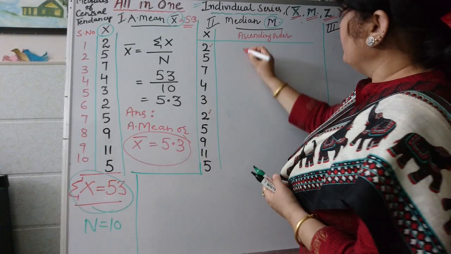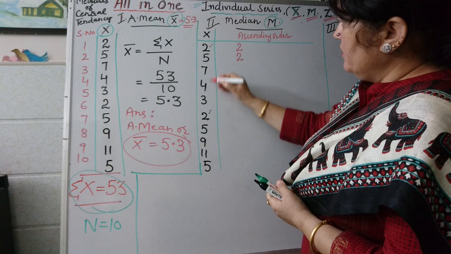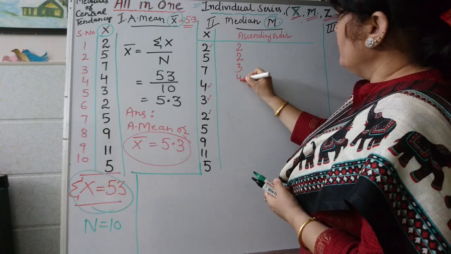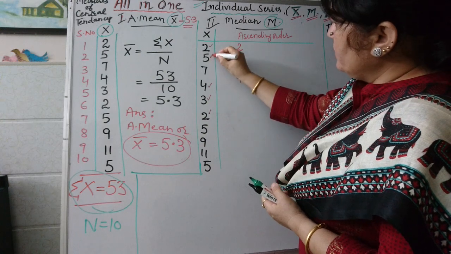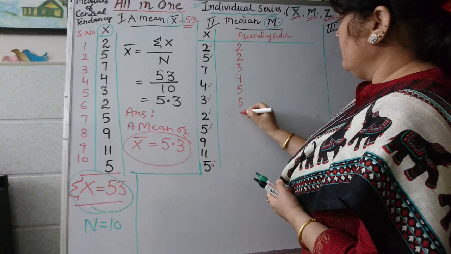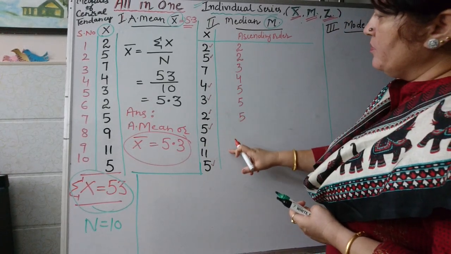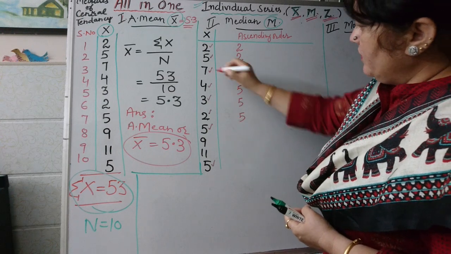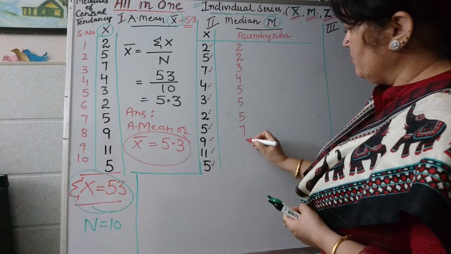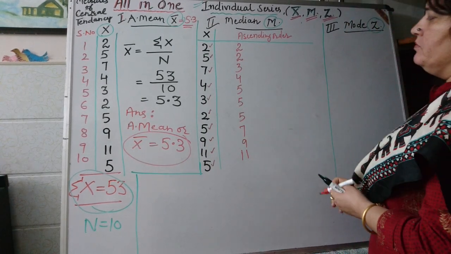So I am tick marking the value 2, again 2, then 3, then 4, after that 5 three times: 5, 5, again 5. So I am tick marking the values so that values can't be repeated. Then 7, after that 2 values are remaining, 9 and 11. So we have prepared ascending order.